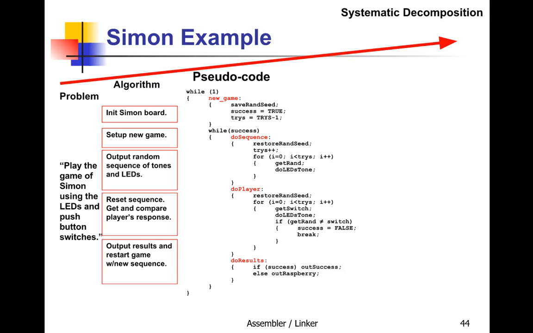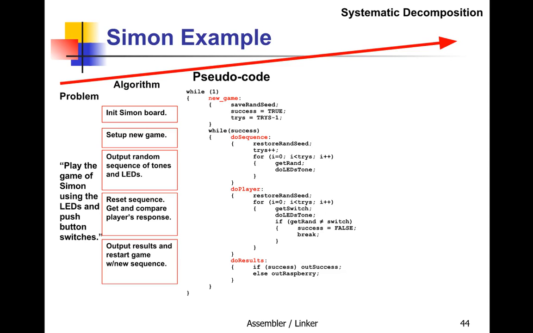And if the switches are right, then we say okay, but if not, we say that success is false. So after we're done with that little part, we go down to do the results, and if we have success, we output success, otherwise raspberry.